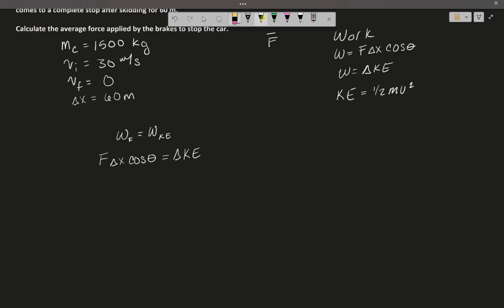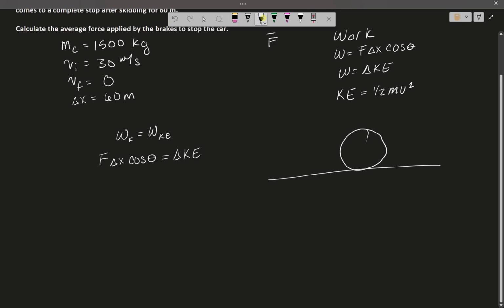Well, if I apply my brakes to stop the car, what's really stopping this car is that my wheel is no longer rotating, so I have some frictional force that is slowing my car down, and then the change in position is going to be in the forward direction. So I need to consider what the angle is going to be between these two forces. So the angle between these two forces is going to be 180 degrees, making cosine of theta equal to -1.